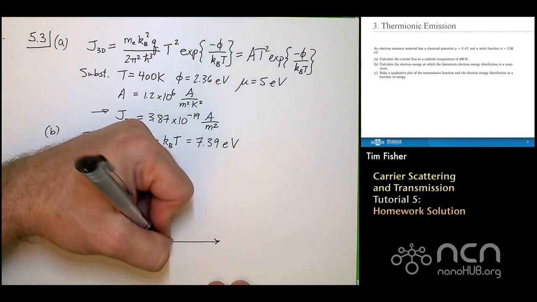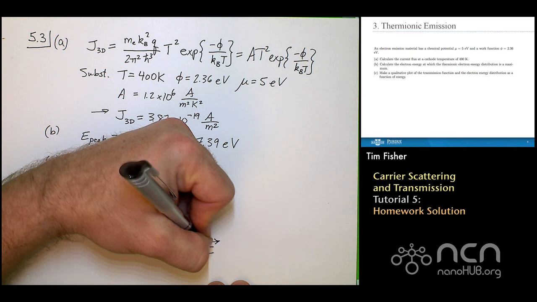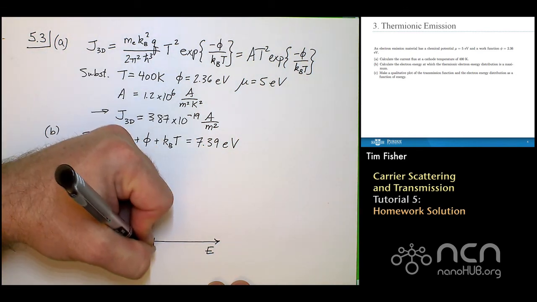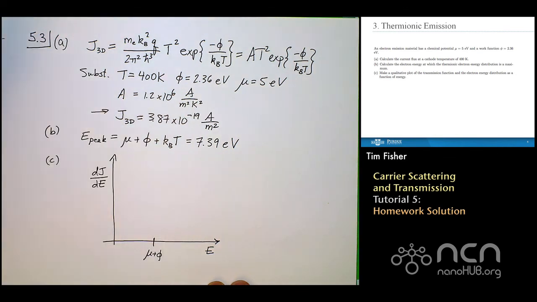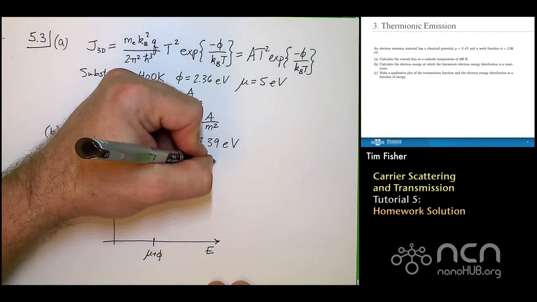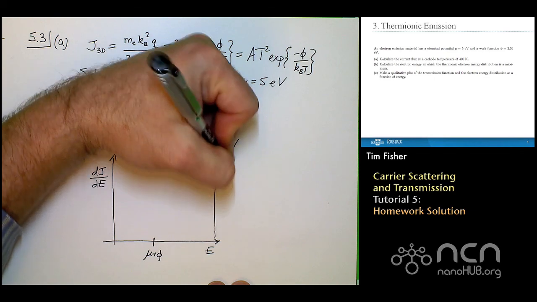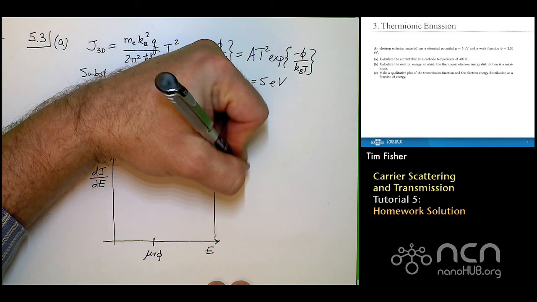And we're drawing this as a function of energy. And let's say that this point is the sum of the electrochemical potential and the work function. And then on the parallel scale, we'll write the transmission function.